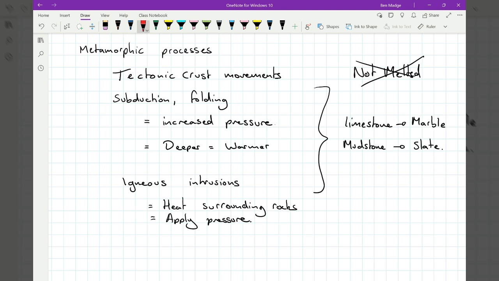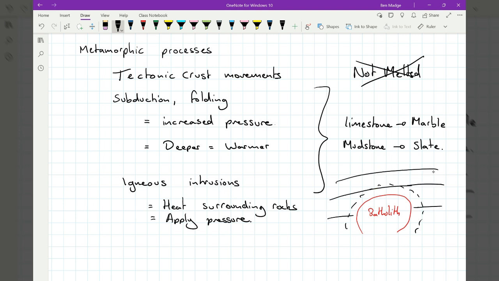When I say igneous intrusions can heat the surroundings, so if this is our batholith, it's going to heat up all of the surrounding rocks, converting them into new types of rocks. Okay, so anything within this sort of boundary layer around our batholith can become metamorphic.